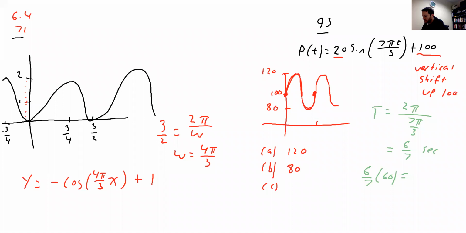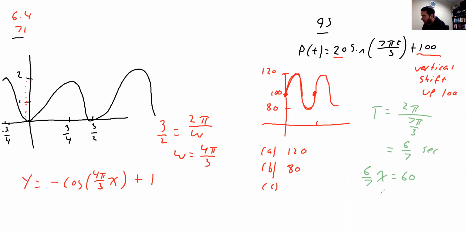Actually, if you're trying to figure out how many times it beats in a minute and it takes 6/7 of a second for it to beat, what you actually would want to do, sorry about this, would be to set up this little equation right here and say, if it takes 6/7 of a second to beat, how many times does it go through a cycle over a span of 60 seconds?